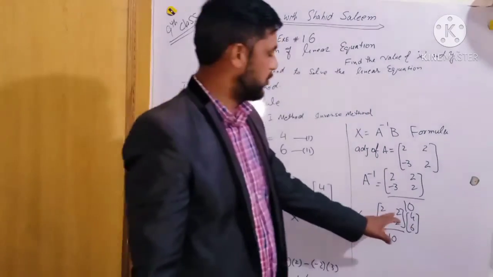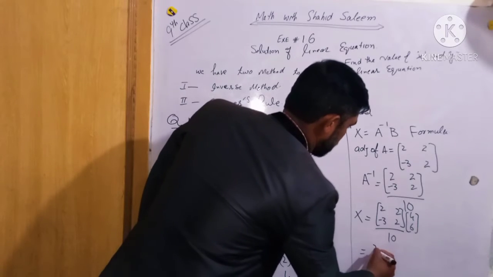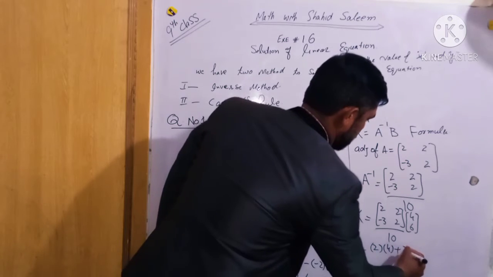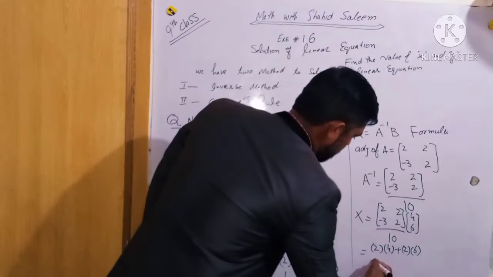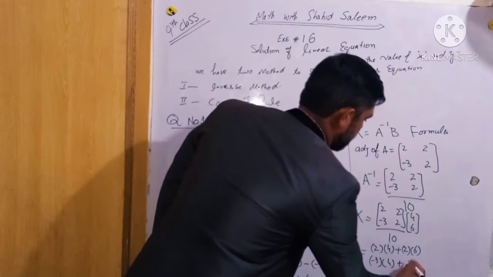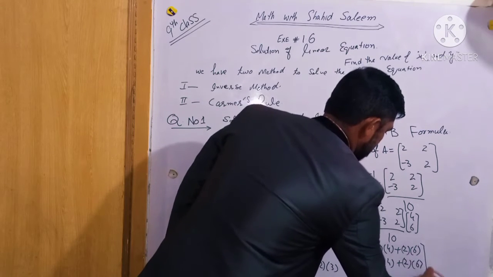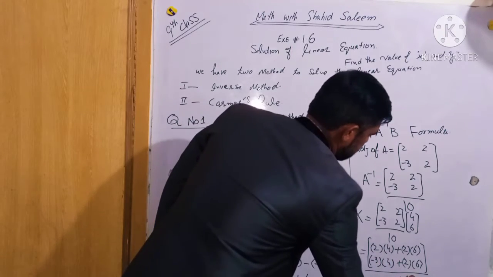Now we multiply these two matrices, which equals 2 into 4 plus 2 into 6, and also minus 3 into 4 plus 2 into 6, over 10.